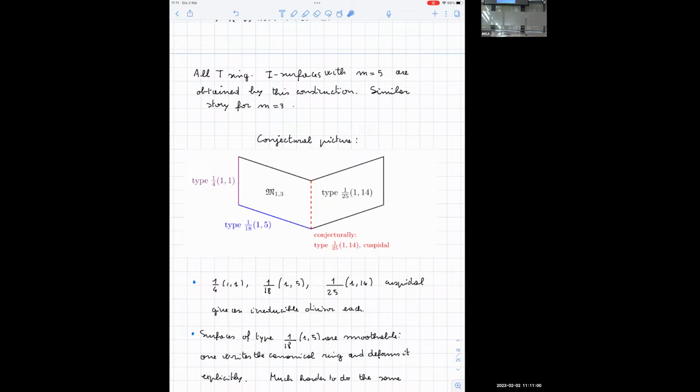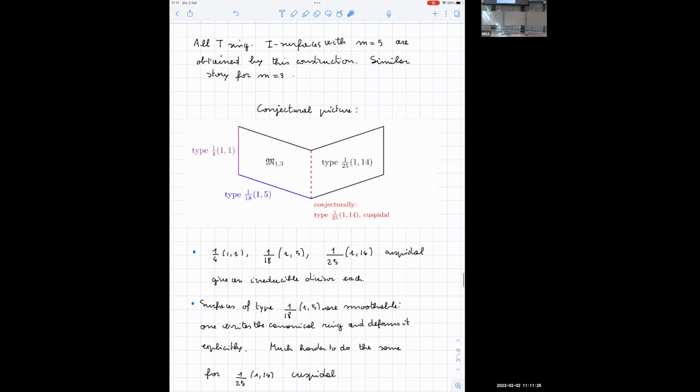And the remarkable thing about this 118.15 is that it is expected in codimension 2, but it actually happens in codimension 1. And these are also, as the picture shows, smoothable.